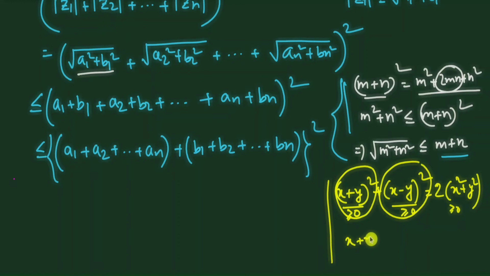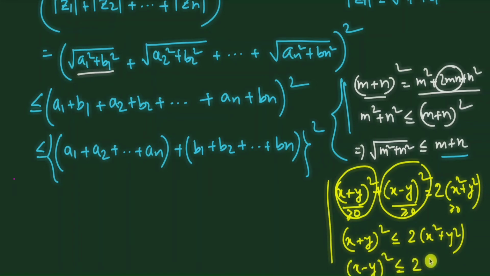So x plus y whole square is less than or equal to 2 of x square plus y square, and x minus y whole square is less than or equal to 2 of x square plus y square. Now we apply this here, x plus y whole square is equal to 2 of x square plus y square. So take this as x and this as y.